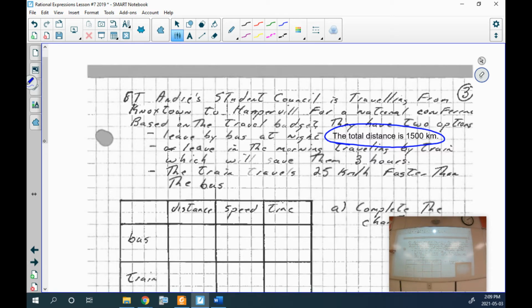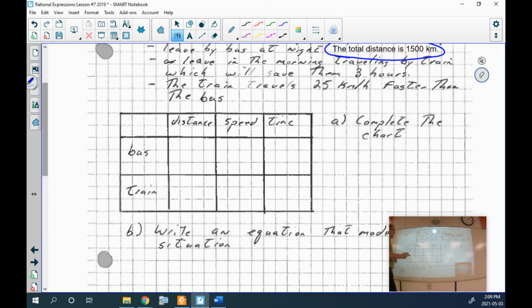Okay, so I'm going to define stuff. Now the distance, doesn't matter if you go by bus or go by train, you have to travel the 1,500 kilometers to wherever they were going. Now I'm going to define the speed of the bus as, I happen to like, x.